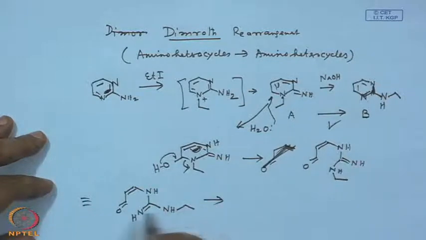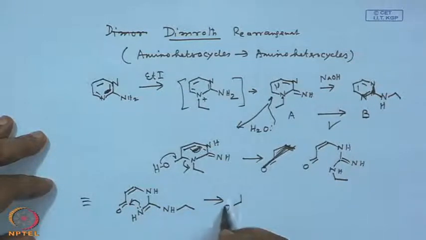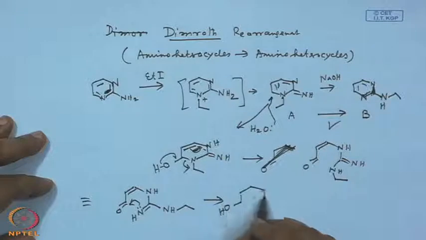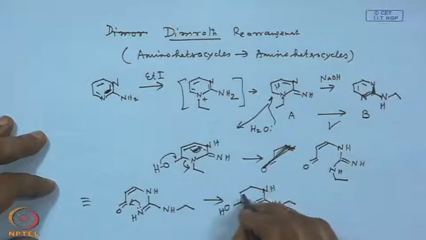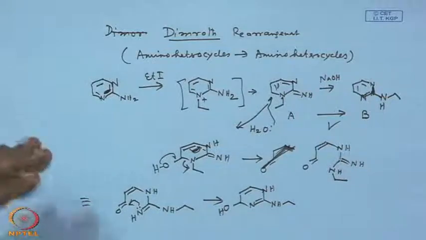And then as usual the driving force is that you will be getting again something very similar to one of these previous intermediates, so this should be NH and NH here and the double bond, right, and just the reverse kind of thing.